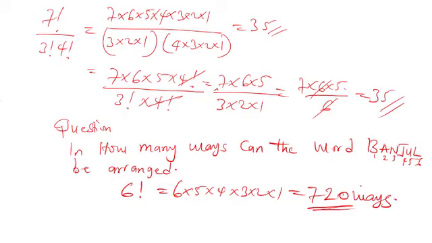So if you want to arrange the word banjo, you can only achieve that in 720 ways.